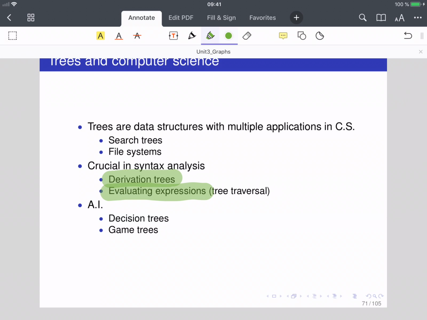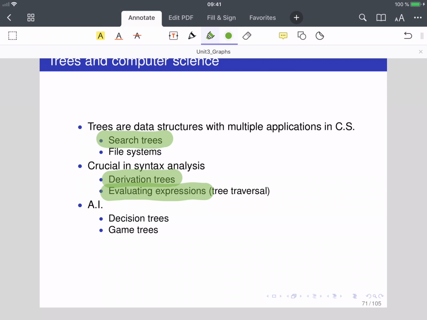For instance, when you study data structures, and you will study a lot of different search trees. Search trees are data structures that allow us to make search tasks fast. Okay, so we have a lot of information and we want to search for a certain piece of data, and if we have this data in a search tree, then we can quickly recover the information that we are looking for.